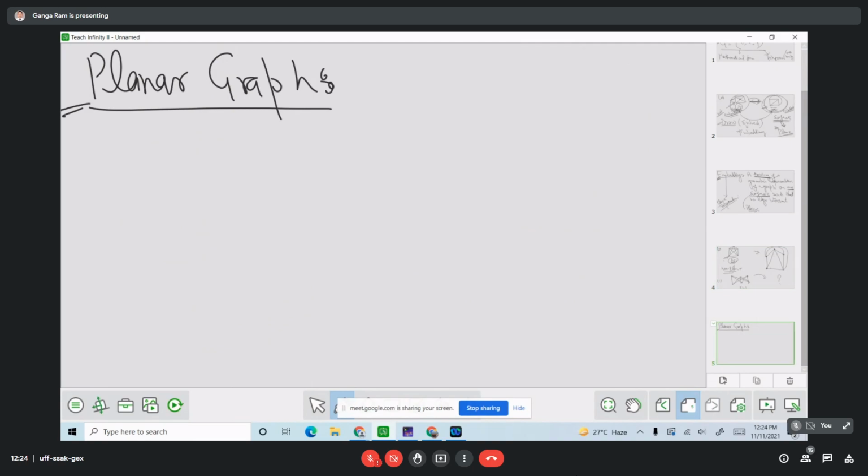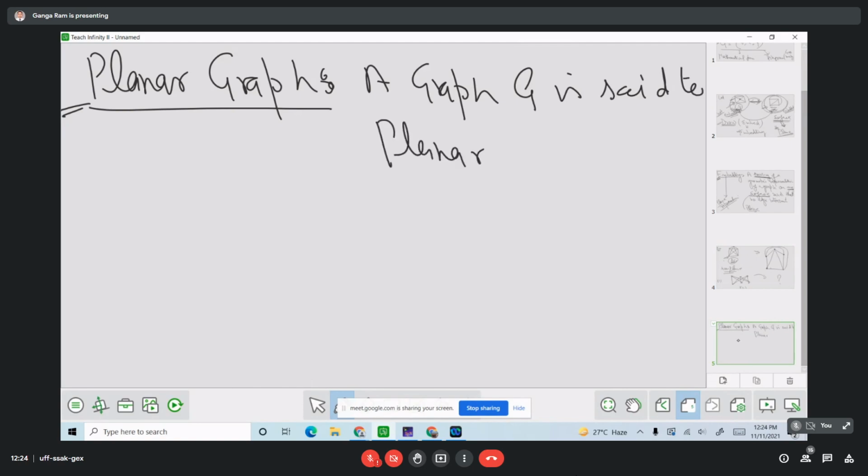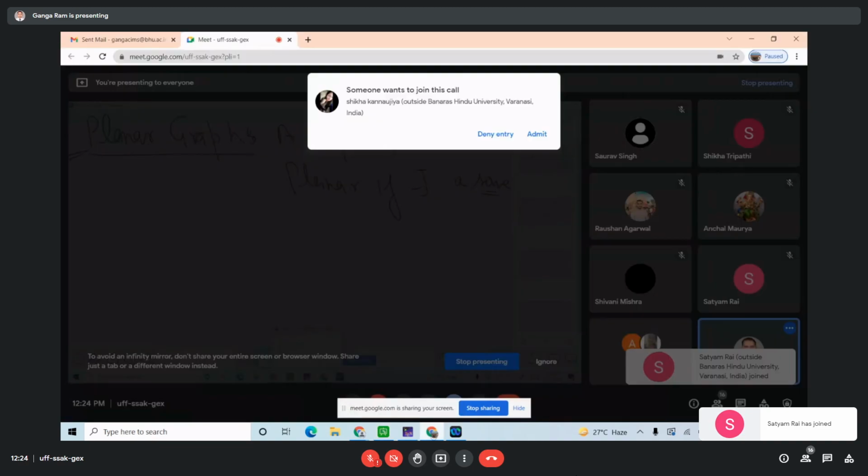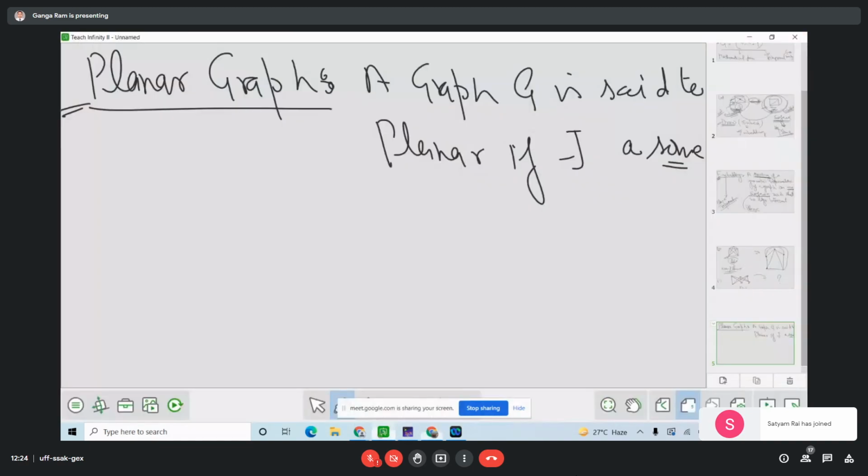The definition is that a graph G is said to be planar if there exists some geometrical representation. It is not necessary that only one geometrical representation exists. A graph may have more than one geometrical representation.